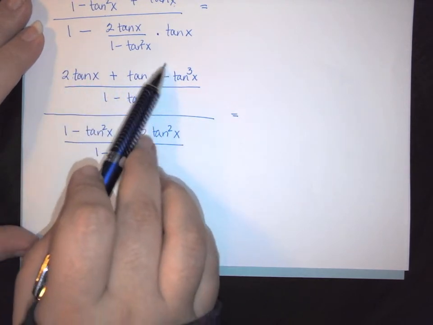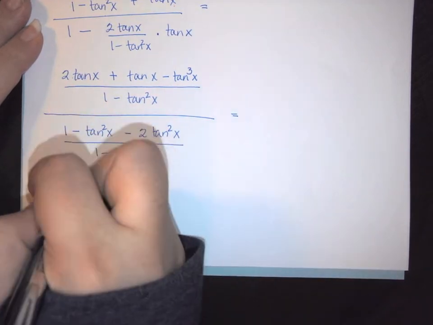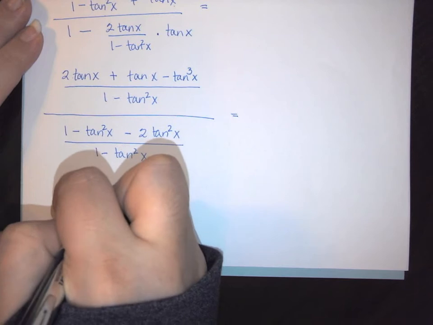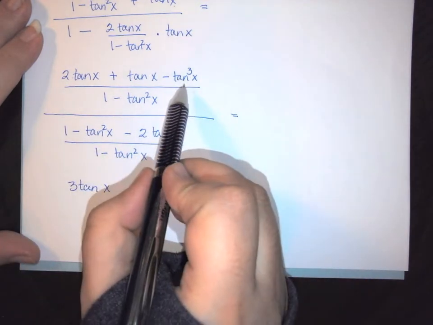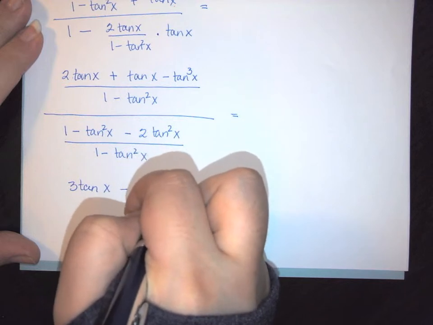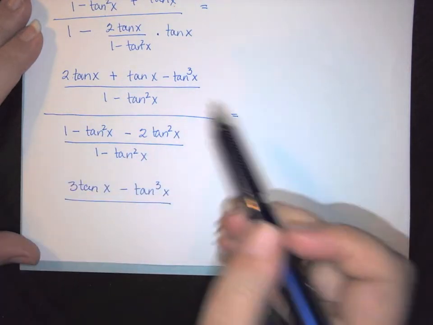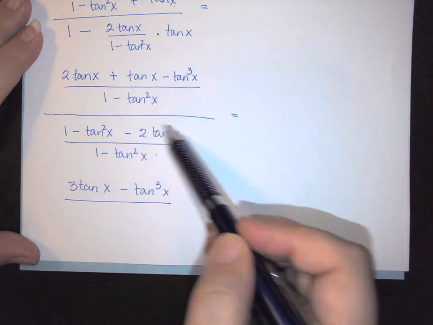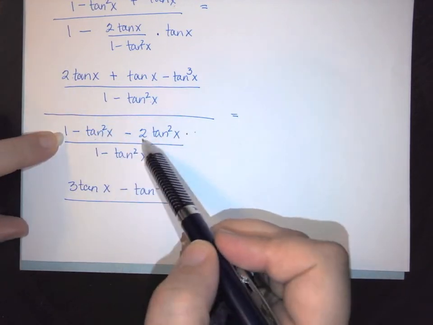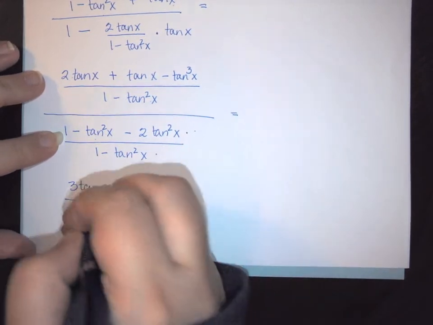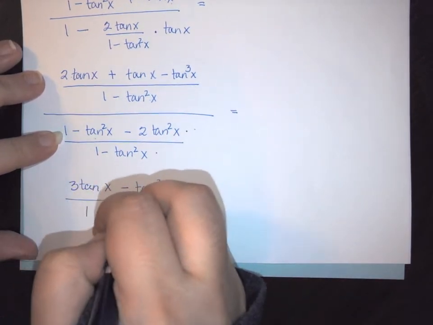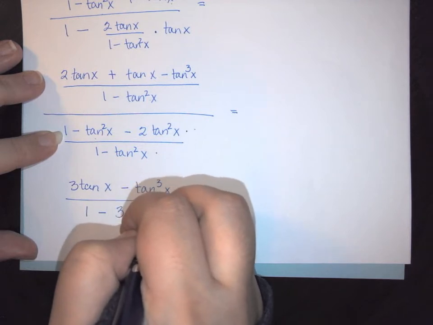So this tells me I have a total of 3 tangent of x, and then I still have this minus my tangent cubed. I've gotten rid of these two denominators here, and now let's look at this numerator. So I have tangent squared minus 2 tangent squared, so this is going to end up being 1 minus 3 tangent squared of x.